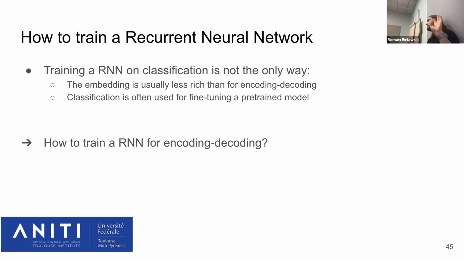So I don't know if you're familiar with fine-tuning, are you? Basically, fine-tuning is when, after training a network on a lot of data and a super general task like encoding decoding, you basically freeze most of the weights of the neurons in your network, and only some of the last layers are going to be trainable.